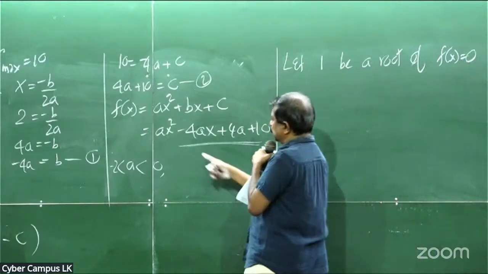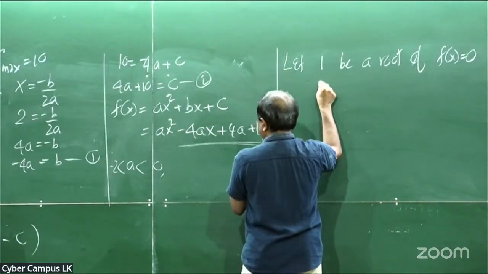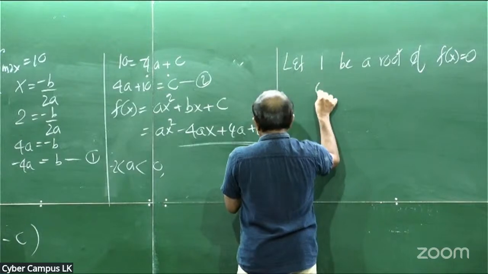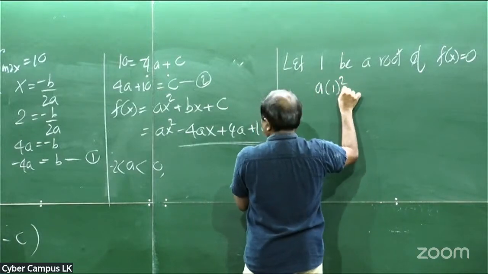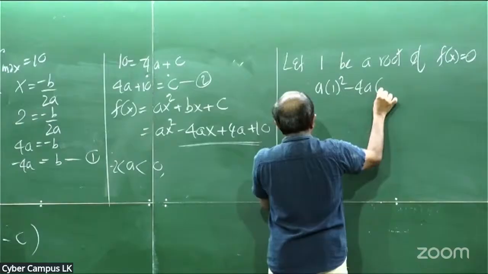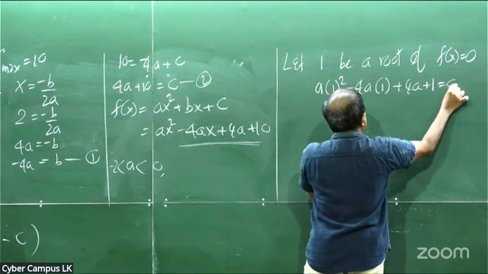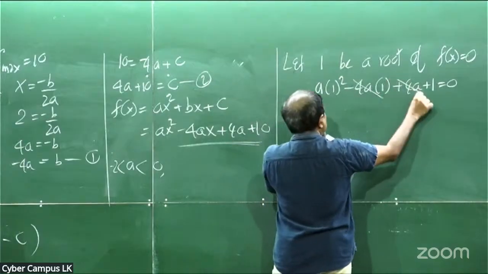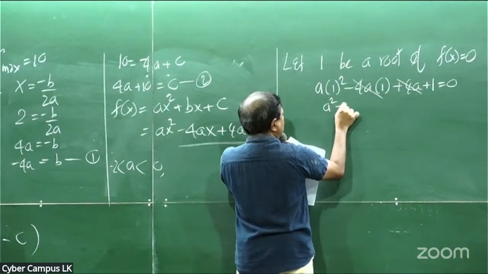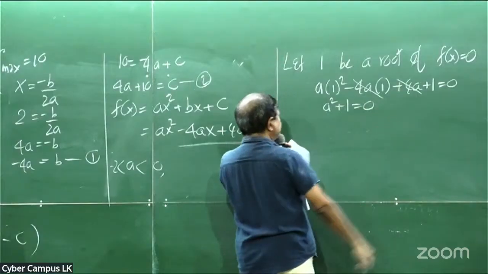If 1 is a root, it should satisfy this equation. So a minus 4a times 1 plus 4a plus 10. These two will go away. You have a squared plus 10 is equal to 0.